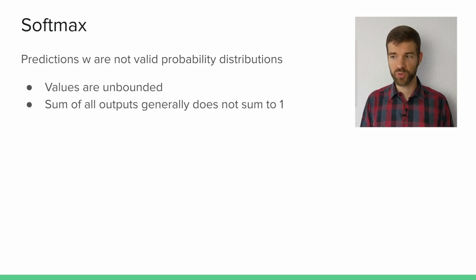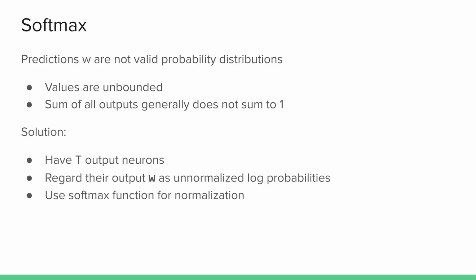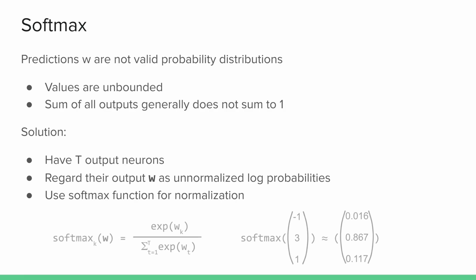So what can we do? We can map the outputs of our last layer, of our output layer, to a probability distribution. And this is what the softmax does. So we have T output neurons, and we regard their output as unnormalized log probabilities. So we just say, I think these are unnormalized log probabilities, and then the softmax function would do the following.